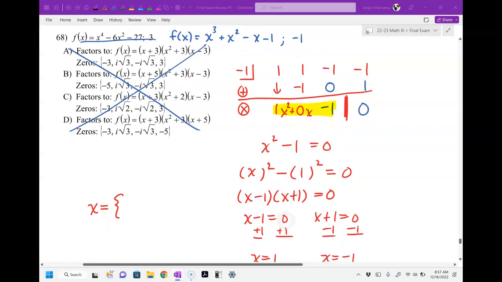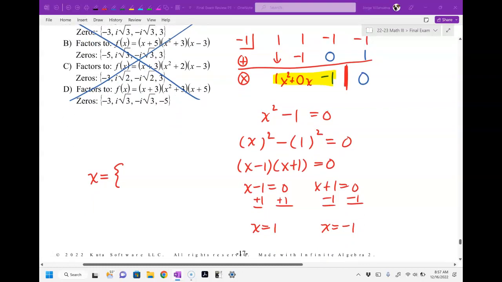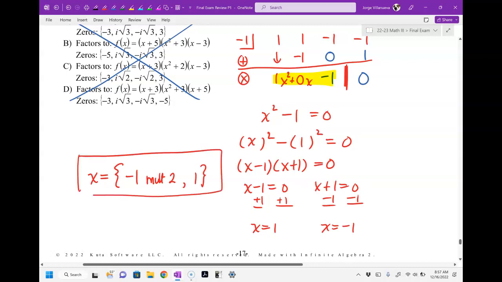So I got two negative 1s. How do I write that? Negative 1, multiplicity of 2, and then a positive 1. All right? So let me write that multiplicity thing again. But yeah, you're going to write multiplicity of 2. Whoops, don't want that. So mult.